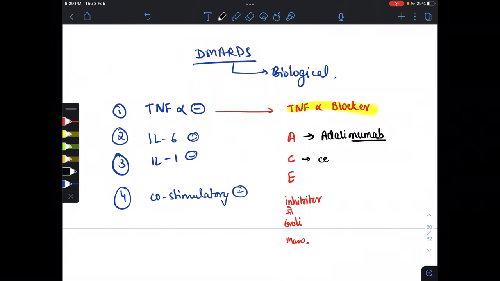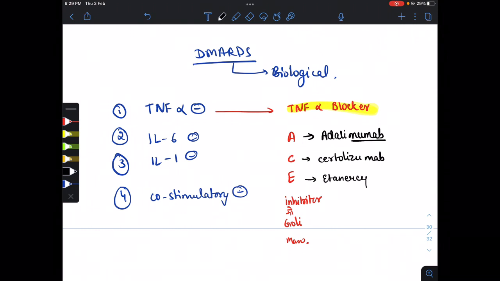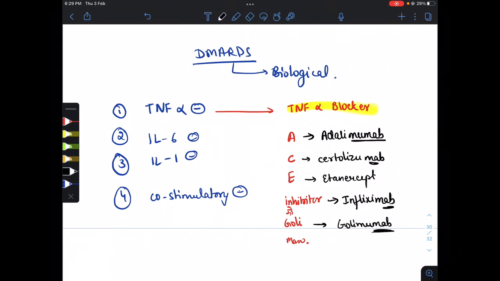C stands for certolizumab. E stands for etanercept. I stands for infliximab. And goli stands for golimumab. So all have the endings mumab or mab. So this is the mnemonic for the TNF alpha blockers: ACE inhibitor ko goli maro.